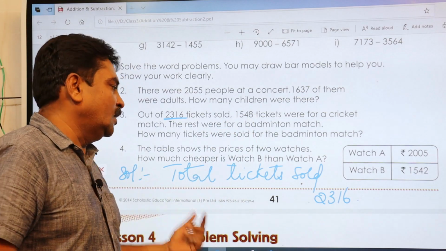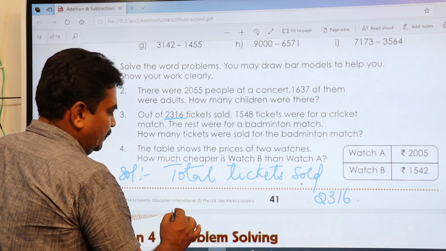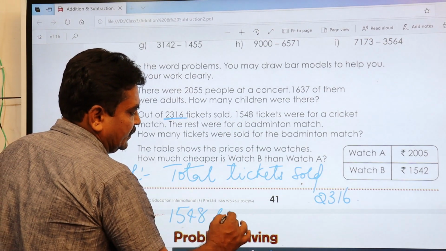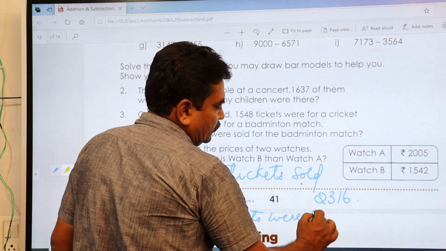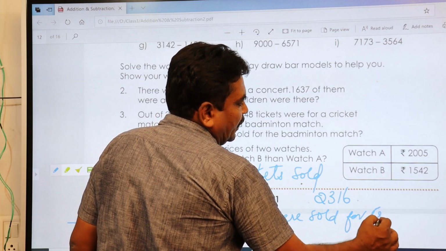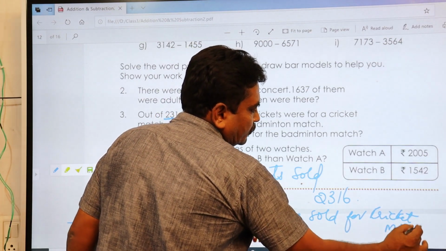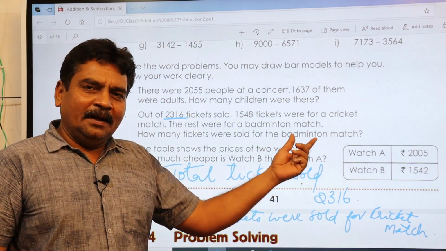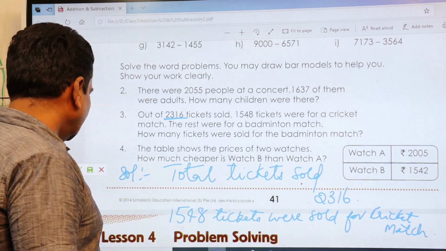That you also have to write. So 1,548 tickets were sold for the cricket match. How many tickets did he sell for badminton? That will be written in the next line.